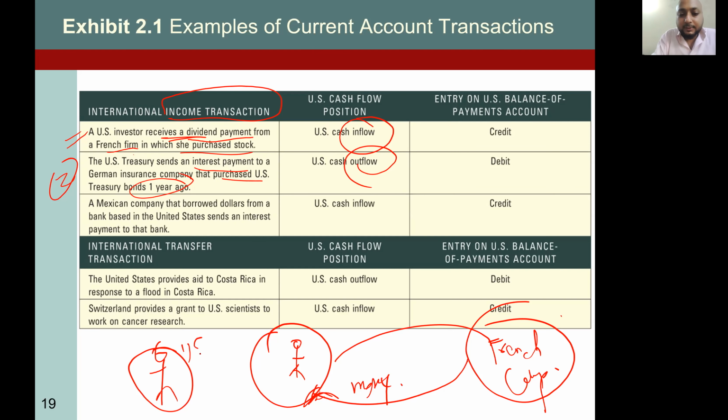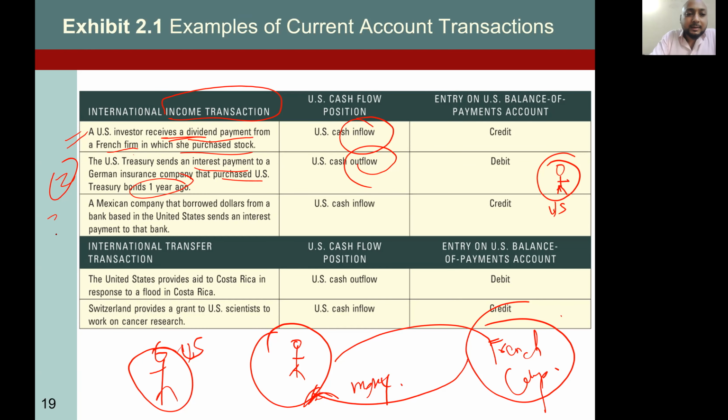Are you in US or are you in Germany? If you are in US, then from the US perspective, it is outflow, right? This is a trick that I always use. I always mark that I am here and decide accordingly whether this is inflow or outflow.